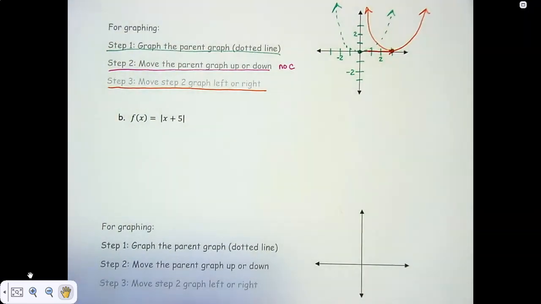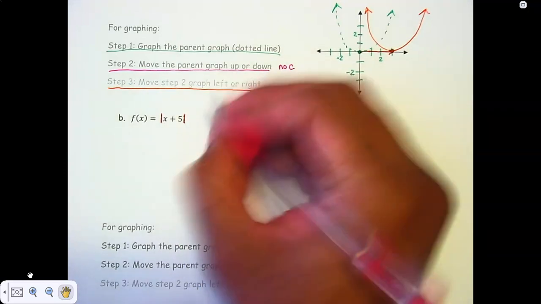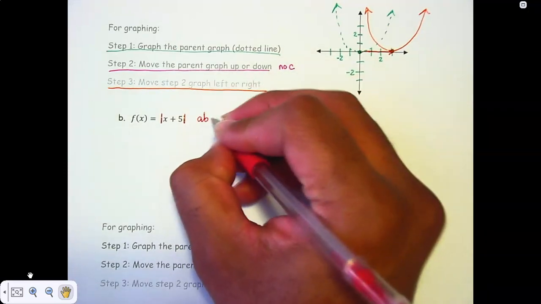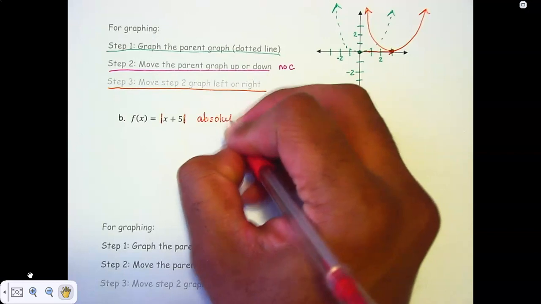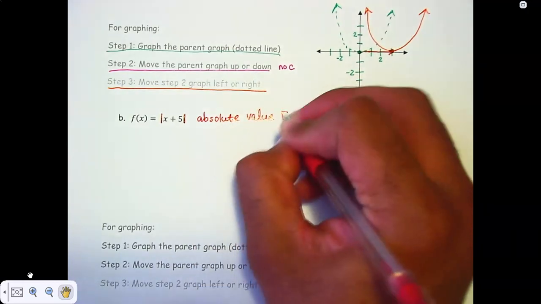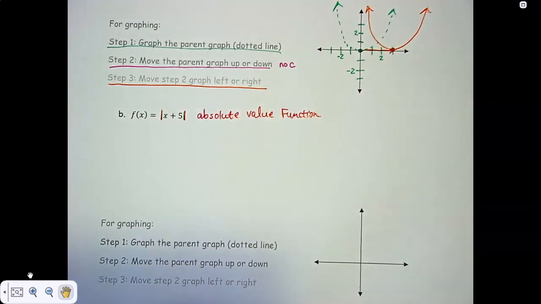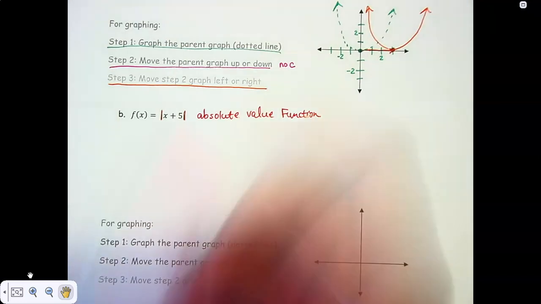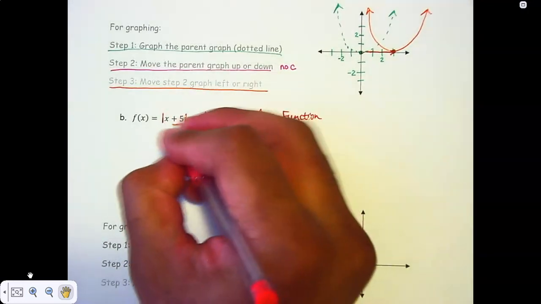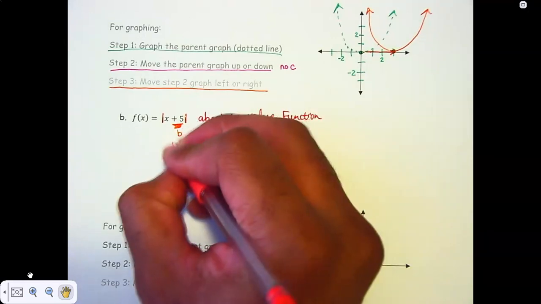All right, so then, again, let's do this one more time. This time we have another function here. This is our absolute value function. All right. So with that, we're going to take a look at it. Again, it's on the inside here of the absolute value function, so that's our B. But this time it's positive.